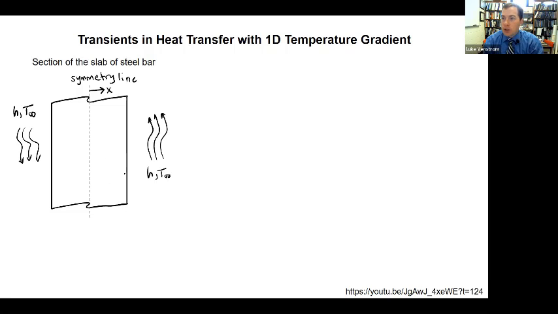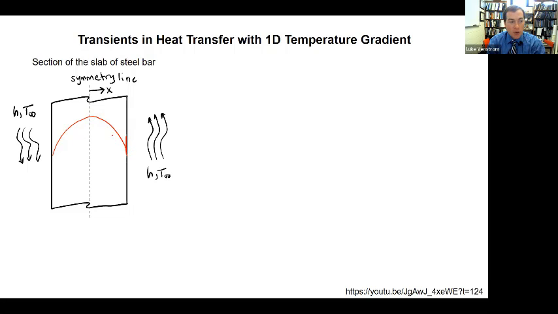So if you imagine what the temperature profile might look like in the slab, whatever it looks like, if we're trying to cool it down, it might look something like this, where it has the highest temperature on the inside and it cools down to the outside, to the surface of the bar.